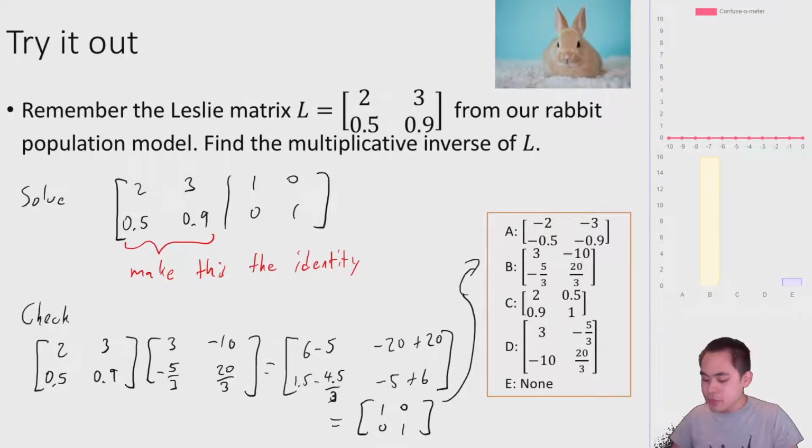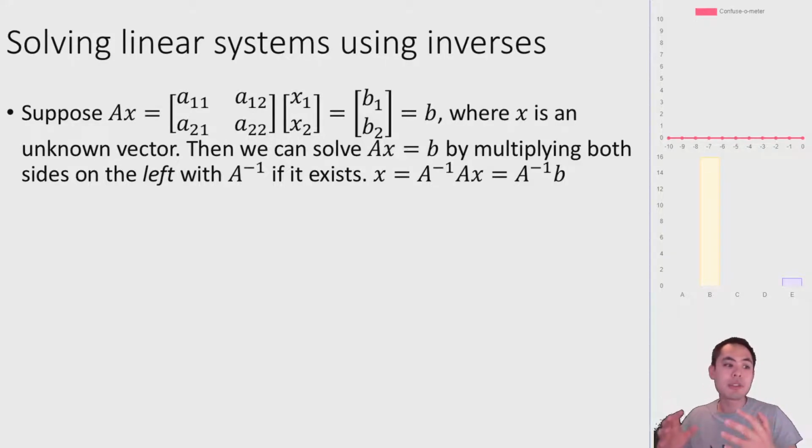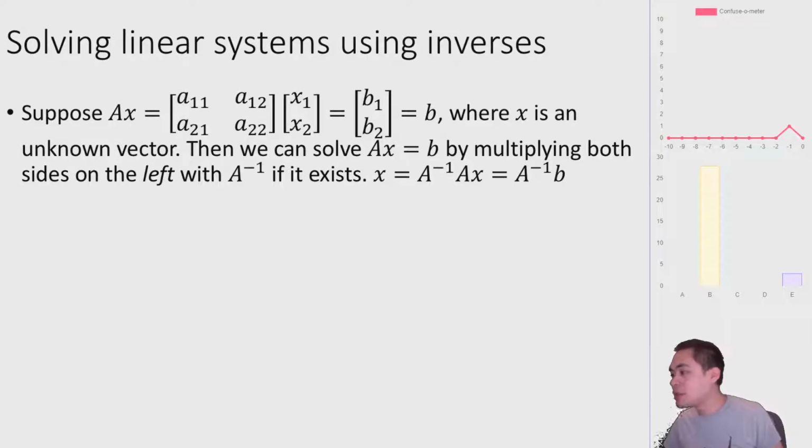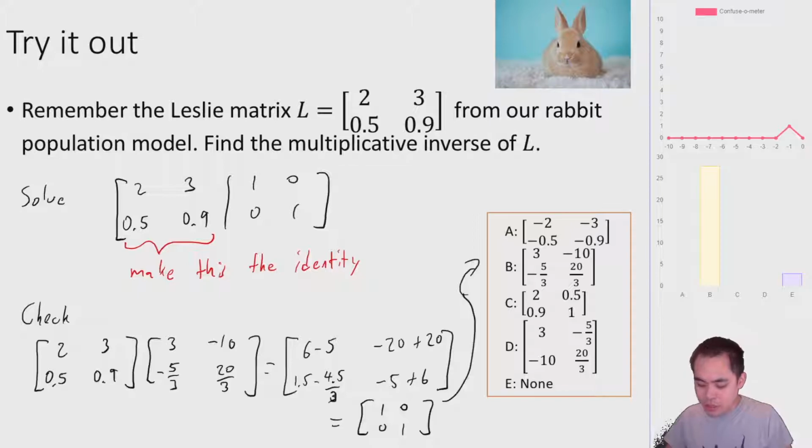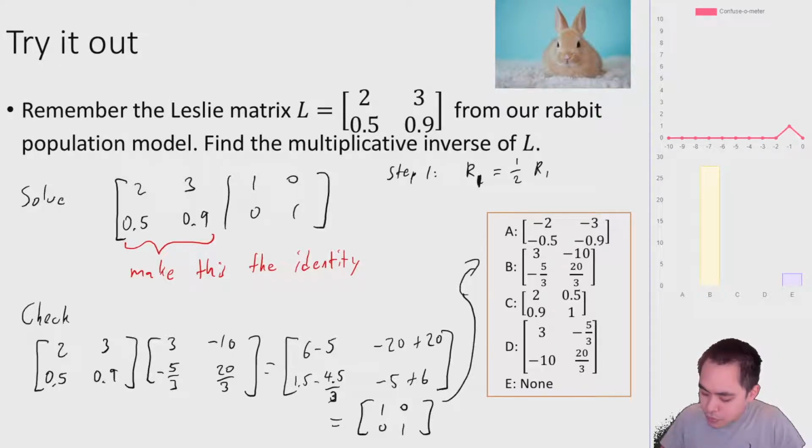The important thing is, once we have these things, we can solve linear systems using inverses. As I was saying a moment ago, can you please go through it? Yeah, so what we're doing here is we just multiplied through to check. If you wanted to actually go through all the steps of the row reduction, step 1 would be row 1 is equal to 1/2 of row 1.